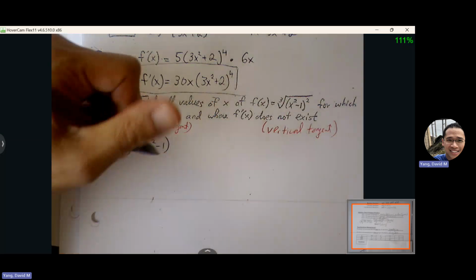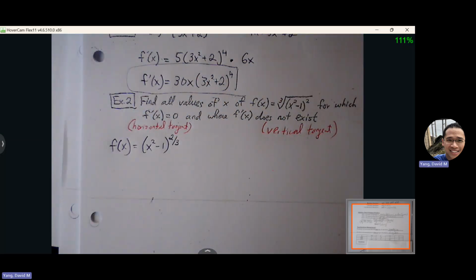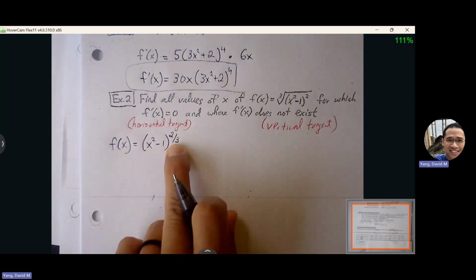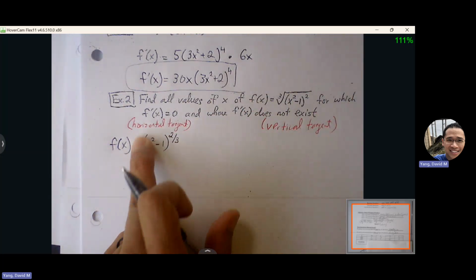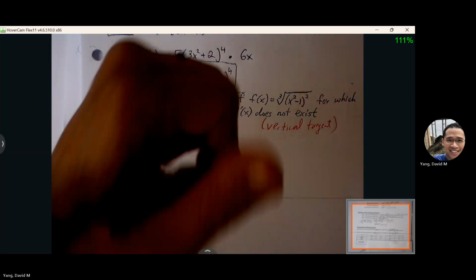Two over 3, yeah. So now we can clearly see that we can't just do power rule, right? We can't expand this, not in this form. We have to leave it in this form here, but we can clearly see, okay, there's an outside, inside component. We're going to go through chain rule here.